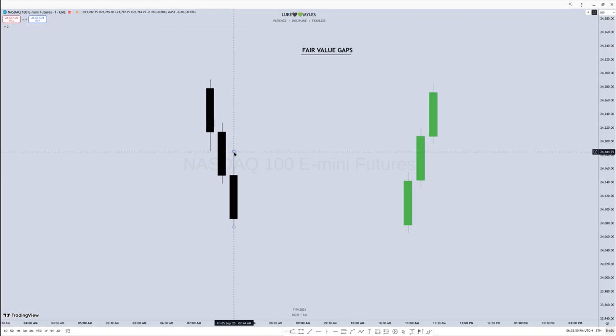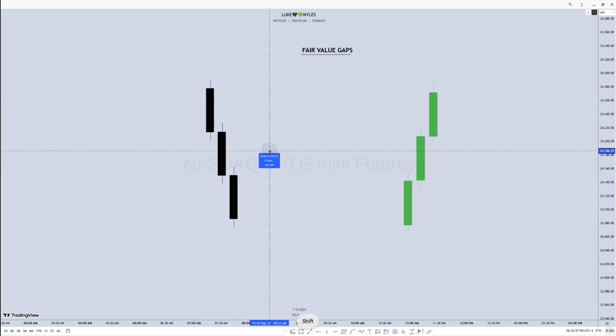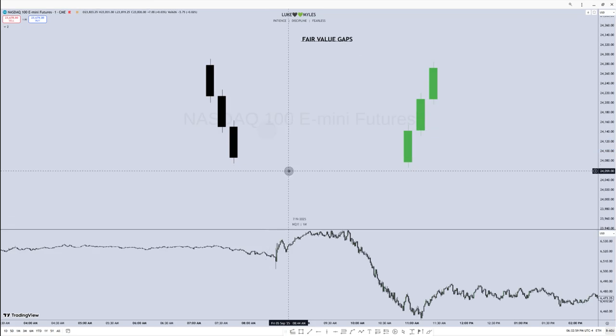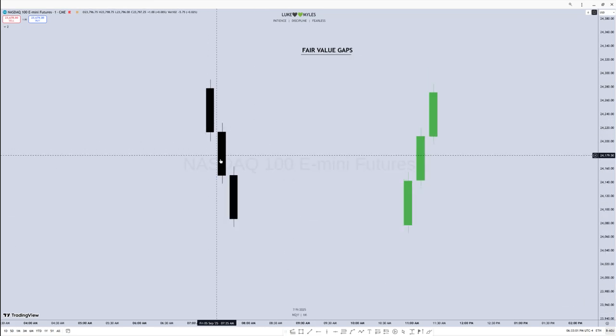So what happens in the fair value gap? In this scenario, the third candle will not come back to fulfill the orders that are in this fair value gap. So this makes this gap have unfulfilled orders.